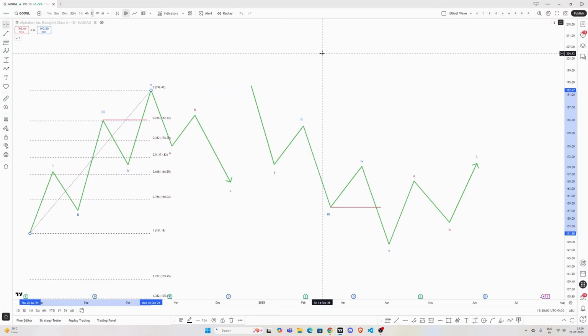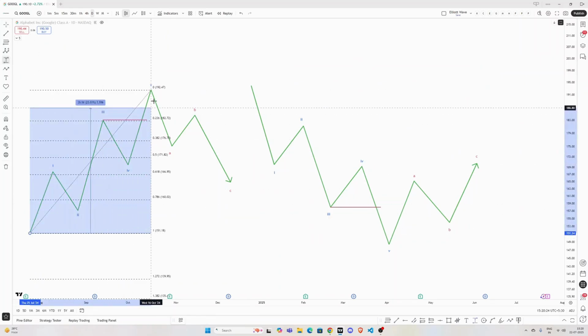And more often than not, the size of this 5 wave sequence is the target or the forecast for the next 5 wave sequence that will follow after this ABC sequence is over. So to put it another way, if I measure the size of this from here to here, I get almost 41.38 points or 27.36%.